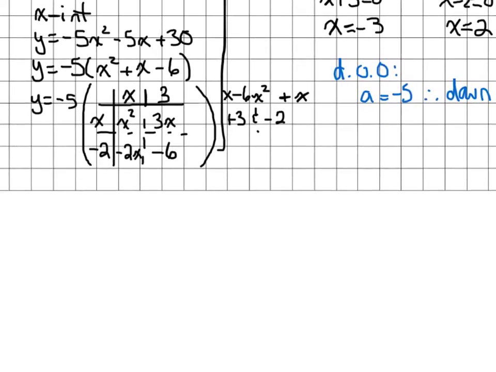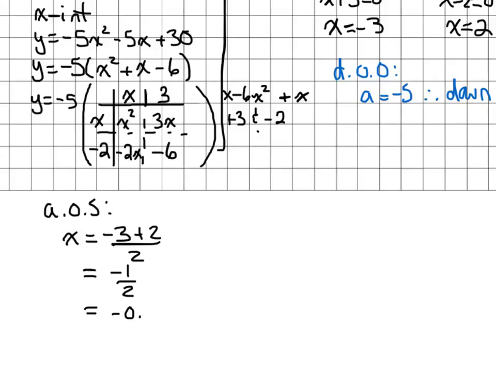So we have the axis of symmetry. The equation for the axis of symmetry will be halfway between -3 and 2, which is -3 plus 2 is -1, over 2, which is -1/2, or you can write that as -0.5. All right, so we have our axis of symmetry.